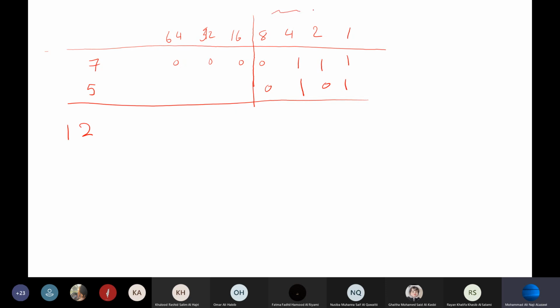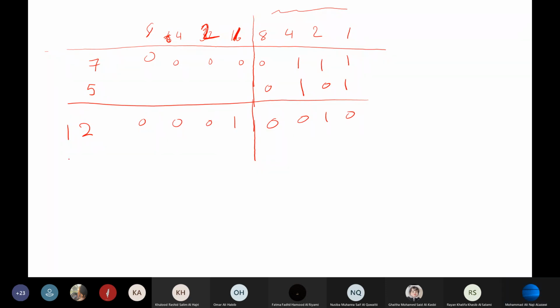I will consider this as 8 bits, which is 1 byte. So I repeat the same: 1, 2, 4, and 8. 2 can be obtained from 0, 0, 1, 0, and 1 can be obtained from 1, 0, 0, 0. So the number is 0, 0, 0, 1, 0, 0, 1, 0.